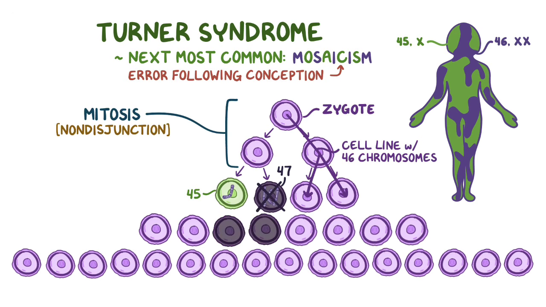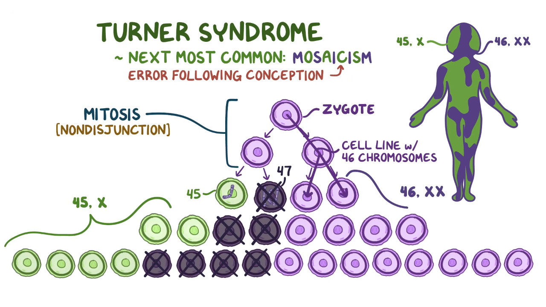Now, the cell line with 47 chromosomes rarely survives, but the one with 45 does, and continues to replicate and produce more cells with only one X chromosome, along with the 46XX cell line, leading to a mix of 45X and 46XX cells in the body.